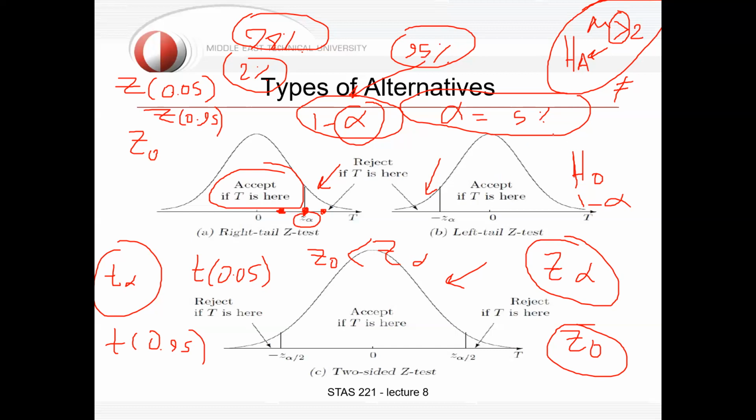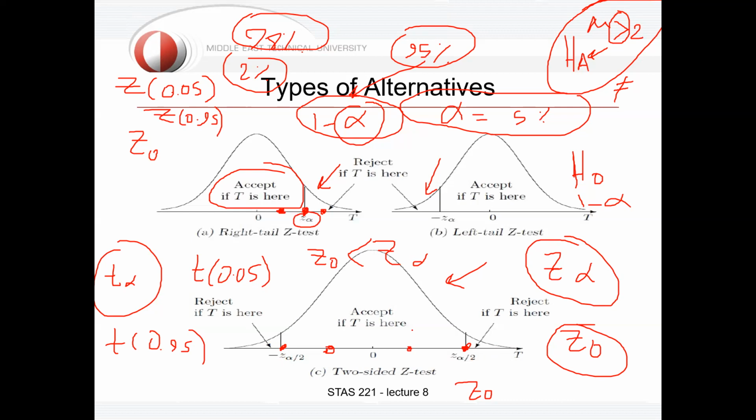Now, in case of two-sided case, when you calculate Z0, if it falls between these two regions, you see there are Z alpha over 2 and minus Z alpha over 2. So you should calculate two Z alphas actually. One of them is related to half of it on the left side, half of it on the right side.